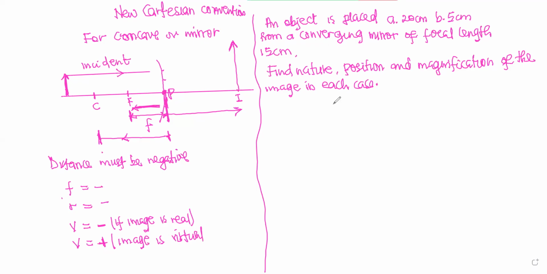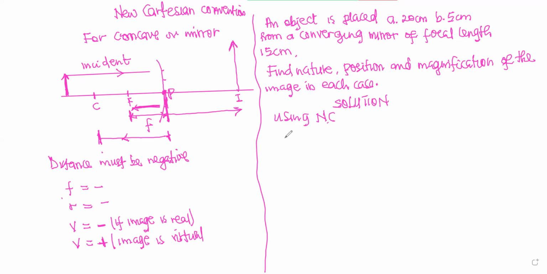So, solution. Using NC, for NC, you must first understand the mirror in question. It's a converging mirror or concave mirror.